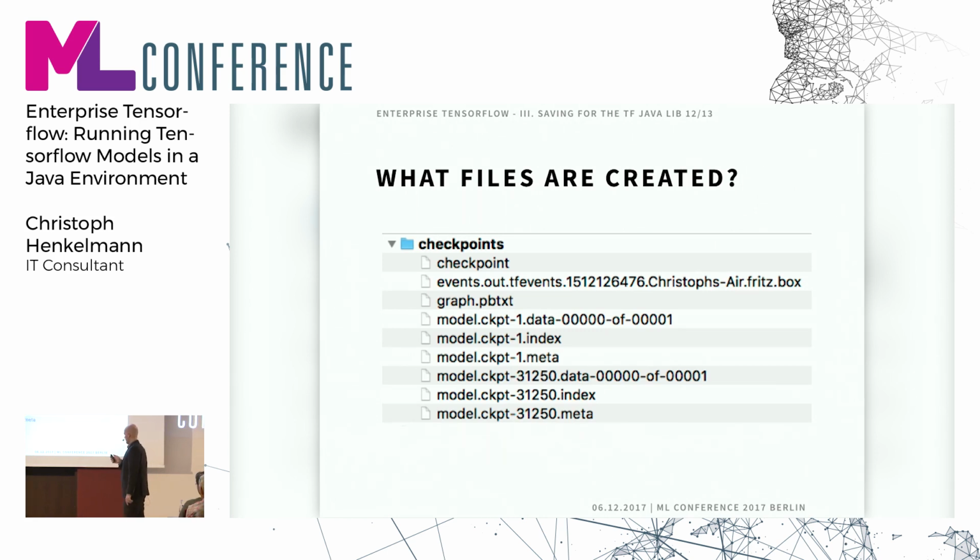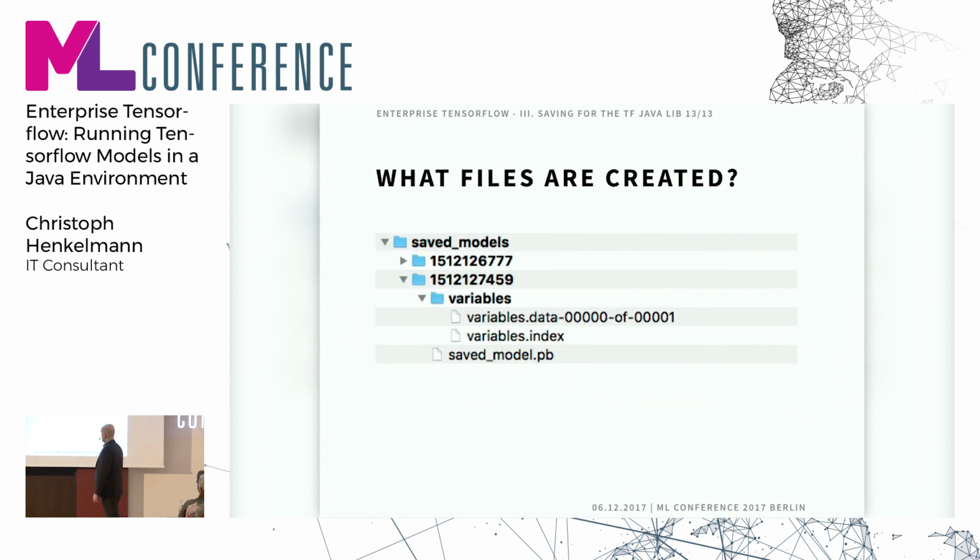No signatures or anything. Okay, the saved model is a bit different. The saved model always gets a timestamp, so if you call it multiple times, you get multiple timestamps. You have one big PB file. PB is protobuf. Anybody here already worked with protobuf before? A couple of people. Protobuf is basically a binary JSON format that Google uses for all their products. Everything used internally at Google uses protobuf.